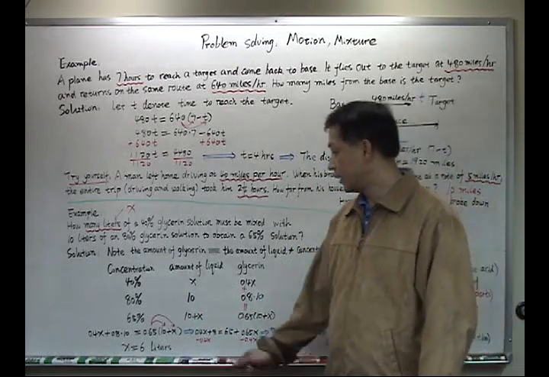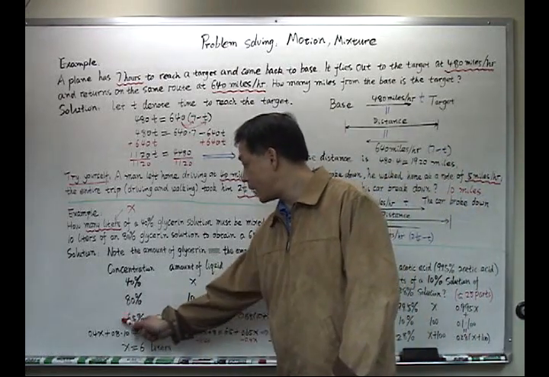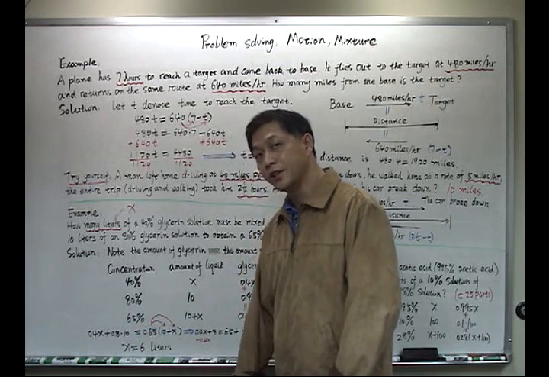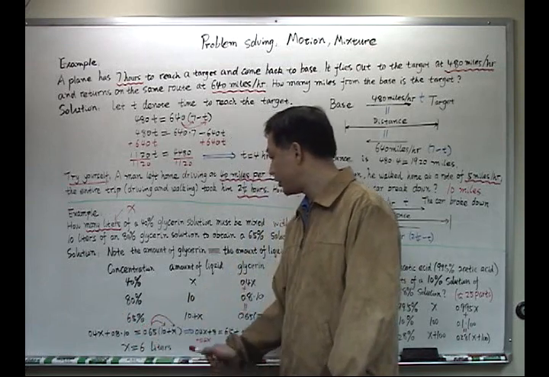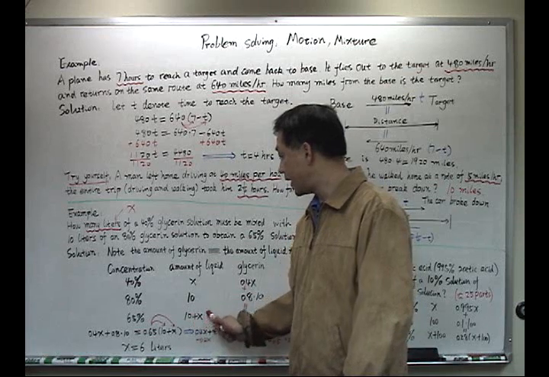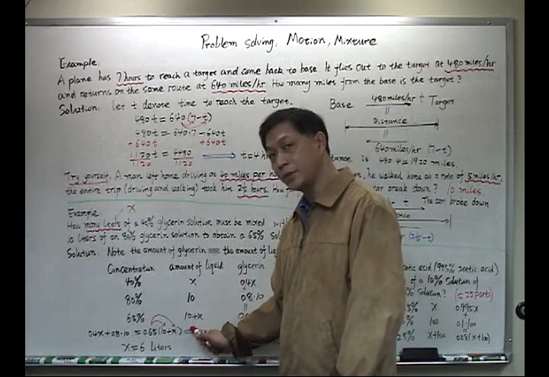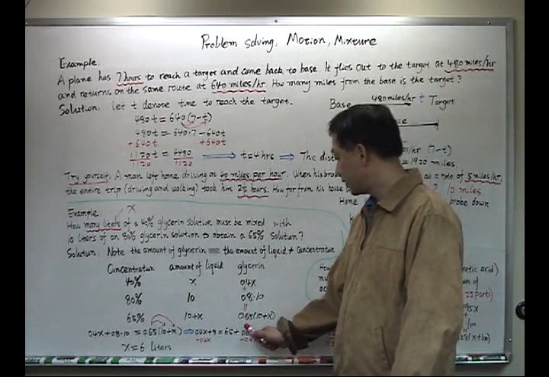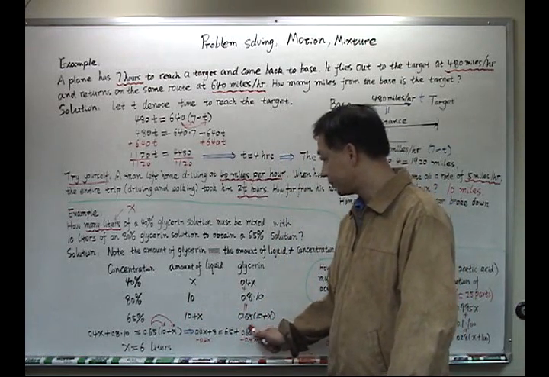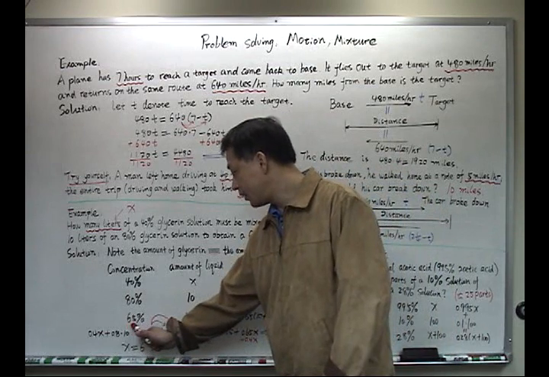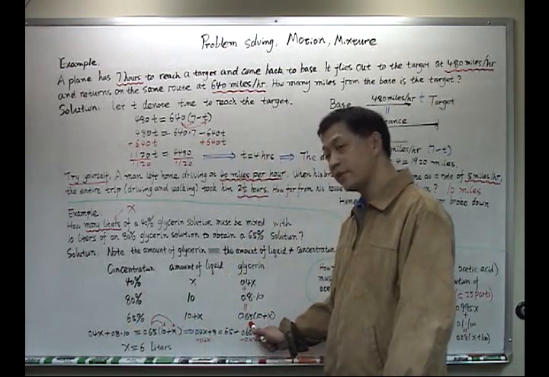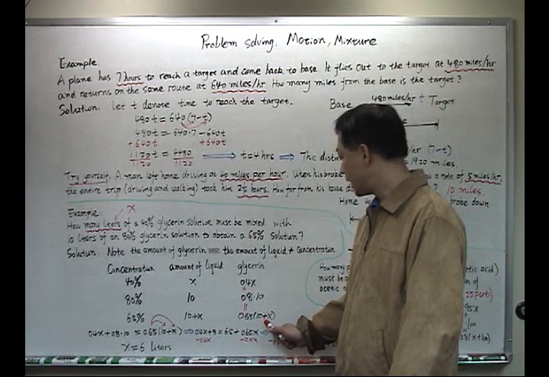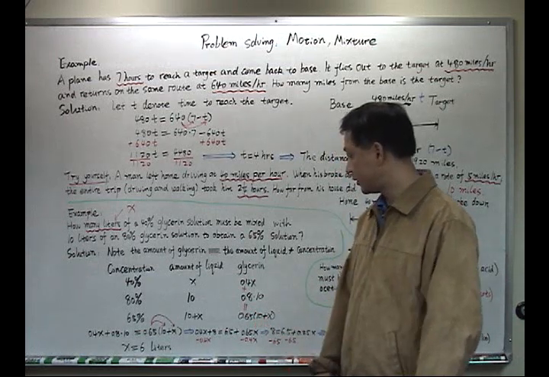Now, the final requirement is 65%. 65% times 10 plus X, the amount of liquid, so it's the whole quantity times 0.65. 65% is 0.65, so 0.65 times (10 plus X).